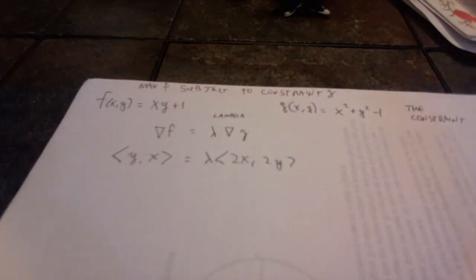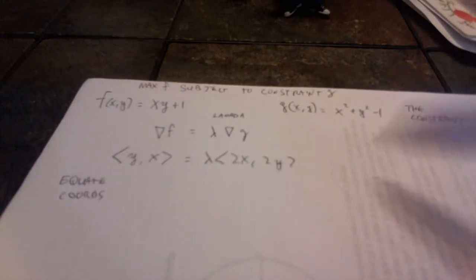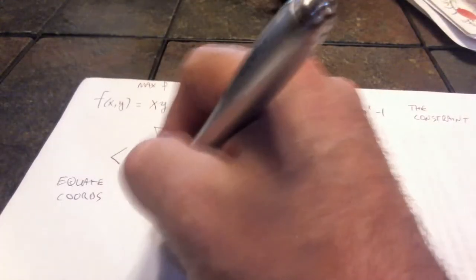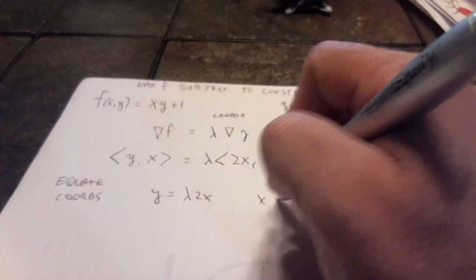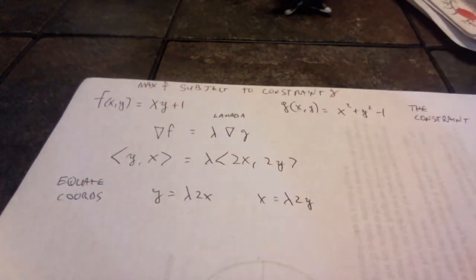Pretty easy stuff. This is actually two equations. So one of the things is you equate the coordinates. Because for these two vectors to be multiples of each other, you have to have y equals lambda 2x, and you have to have x equals lambda 2y.